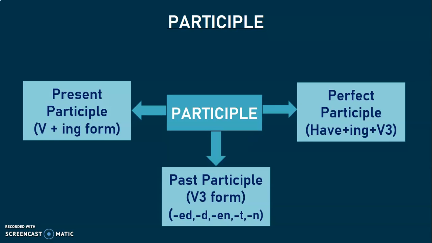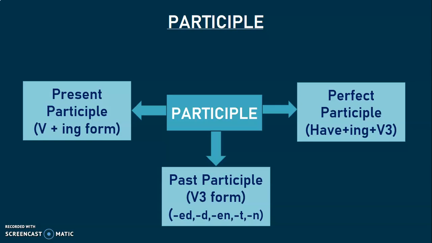Past participle is known as the V3 form of the verb, which is formed by adding ed, d, en, t or n with a root verb. Sometimes irregular forms are also there. And the third form is perfect participle, which is formed by adding ing with have and the past participle form of the particular verb.